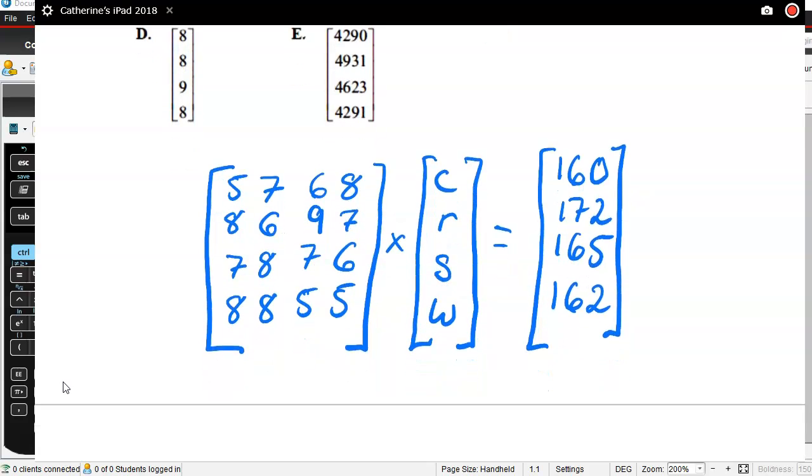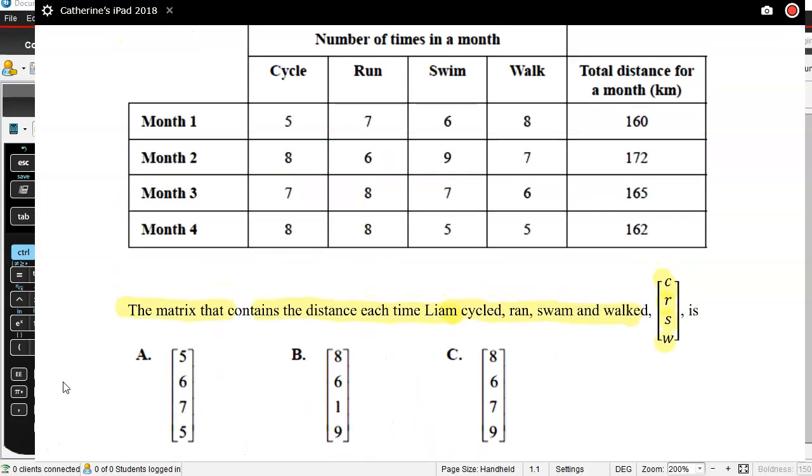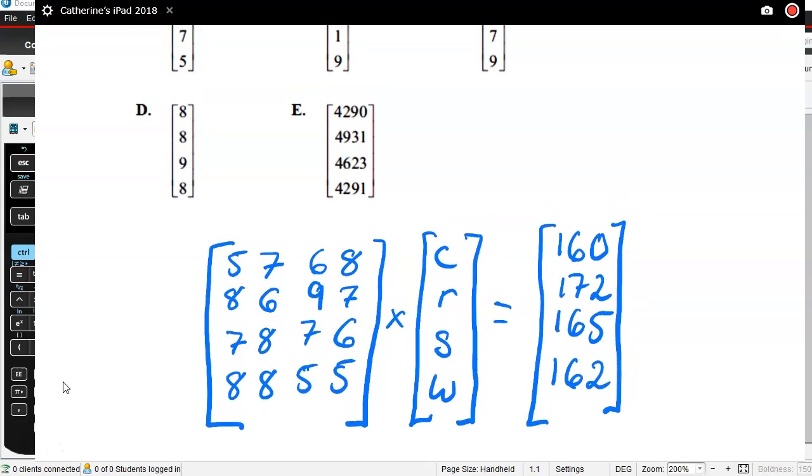So here, just to talk through it a little bit, this is saying in this month, which is month 3, he cycled 7 times, ran 8 times, swam 7 times, and walked 6 times, for a total of 165 kilometres.